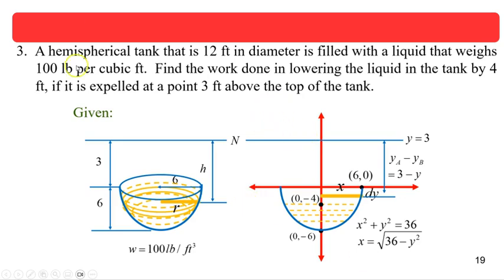Now last, a hemispherical tank that's 12 feet in diameter is filled with liquid that weighs 100 pounds per cubic foot. Find the work done in lowering the liquid in the tank by 4 feet if it's expelled at a point 3 feet above the top of the tank. So again, in order to solve for the volume, we need to use the method of disks. So let's draw this.